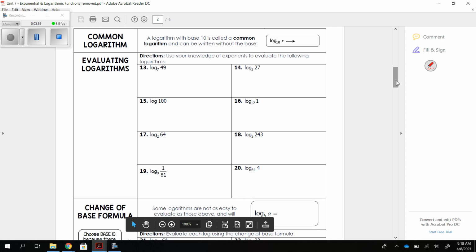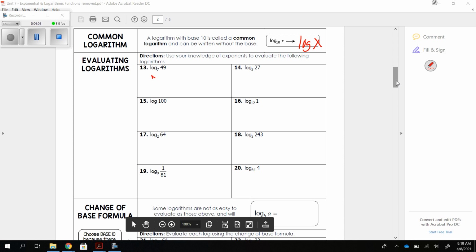Now we're evaluating logs. It says up there, a logarithm with a base 10 is called a common log and can be written without the base. Basically, log 10 of x is log of x. And here we're evaluating logs. We see log 7 of 49.